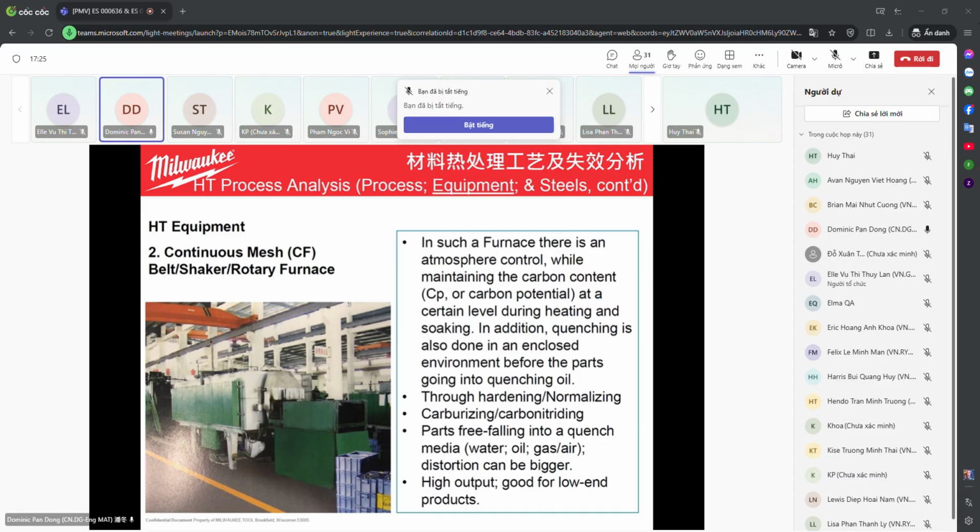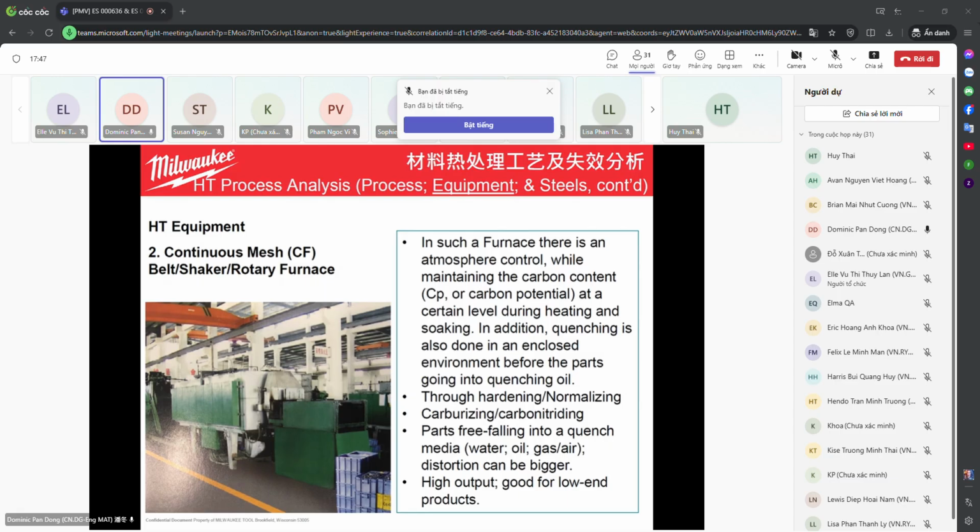So the temperature uniformity and the inner atmosphere control are far worse than the multifunctional batch furnace. So this kind of furnace for us is only allowed to be used in two conditions.